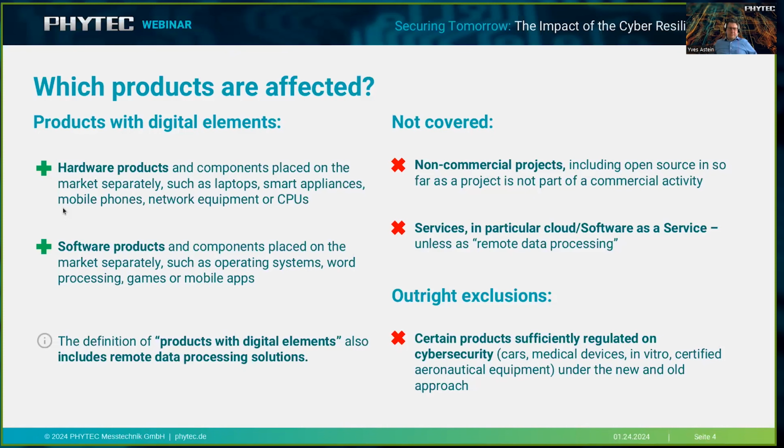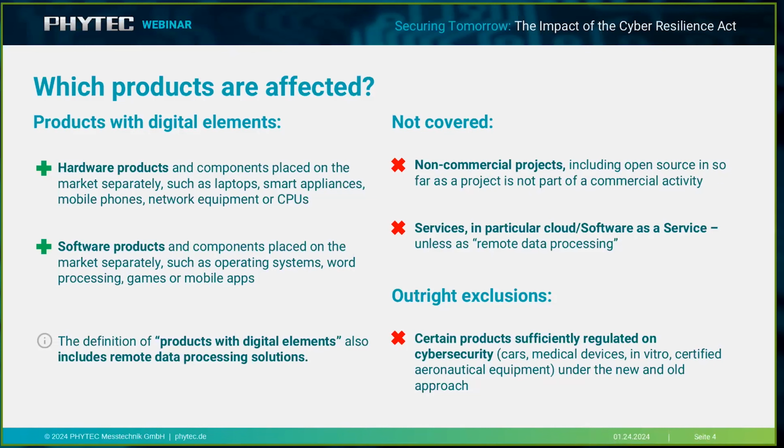Not covered are open source projects which have a non-commercial activity. So if a limited company starts an open source project and it is free for the customer, then it is probably affected by the CRA. The reason is that the limited company aims to earn money, and it's not a non-profit association. So we will probably have to wait and see what the courts decide in the end.